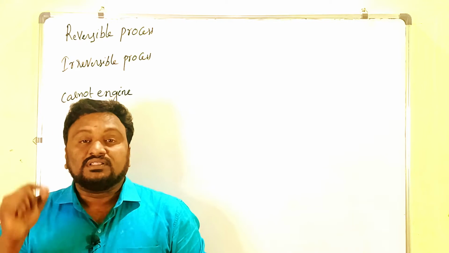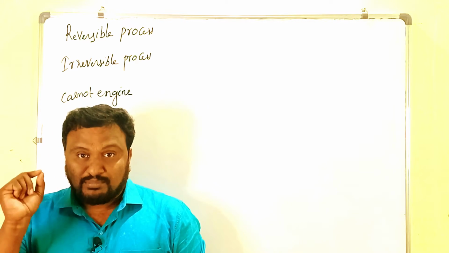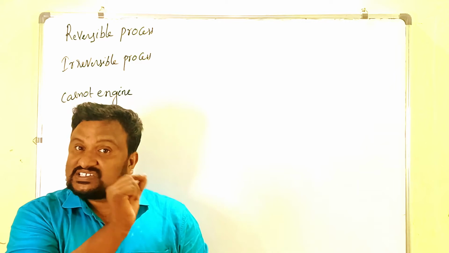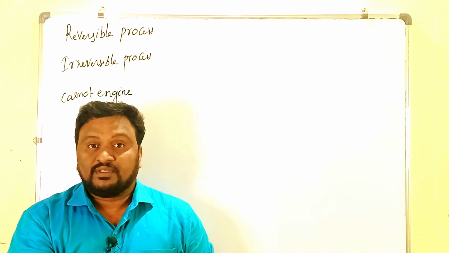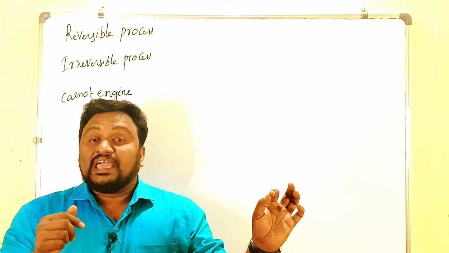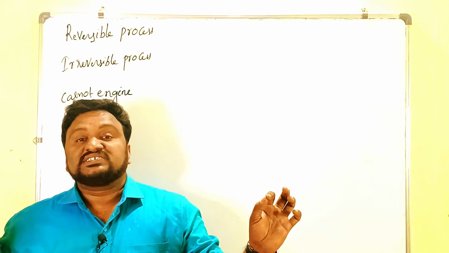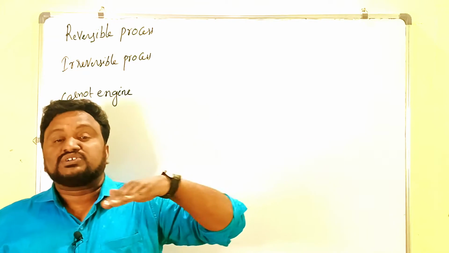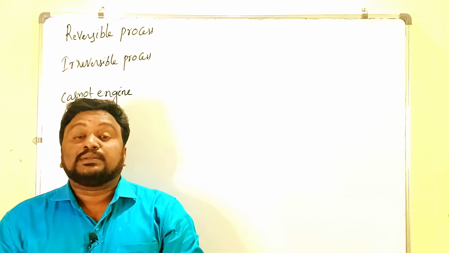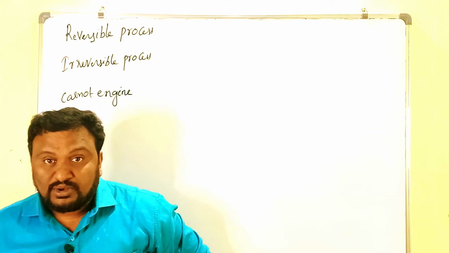Clear? The process which moves through many stages and finally reaches one particular stage, and from that stage again reaches the initial stage through the same steps in which it went. That process we call a reversible process.